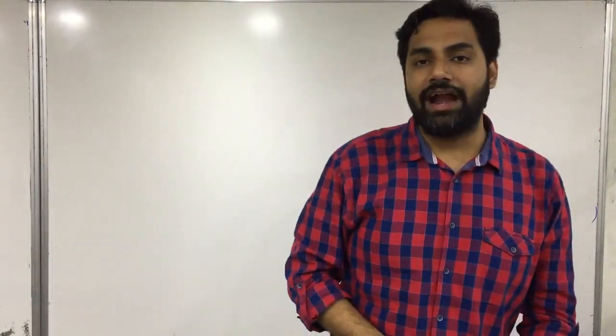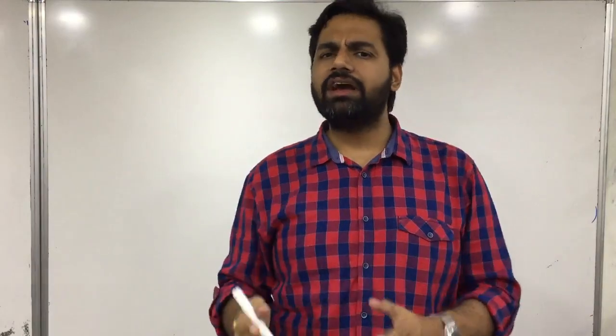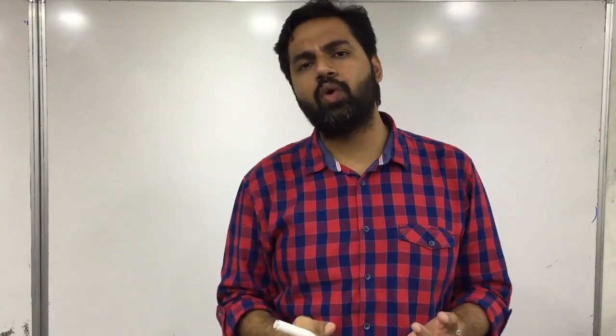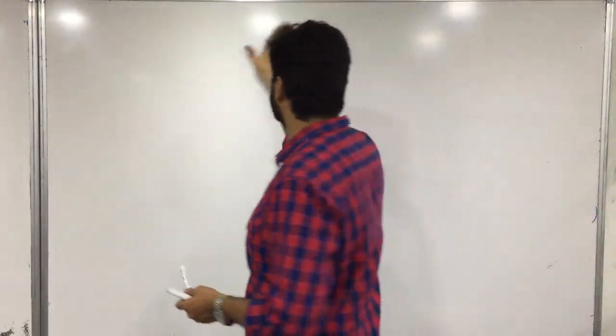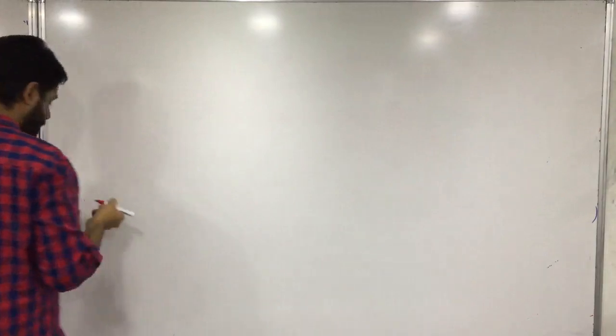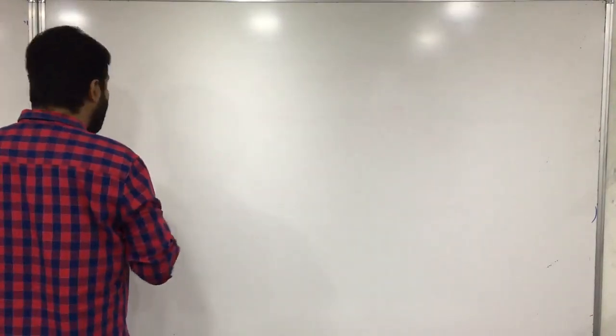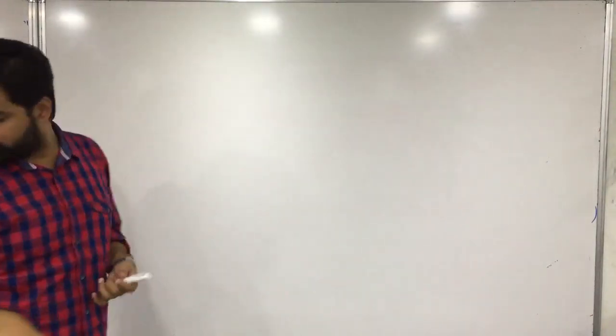So now let's understand how we can convert any unsymmetrical quantity into a symmetrical one, and how exactly this symmetrical component box is working. Let's say I have one box.